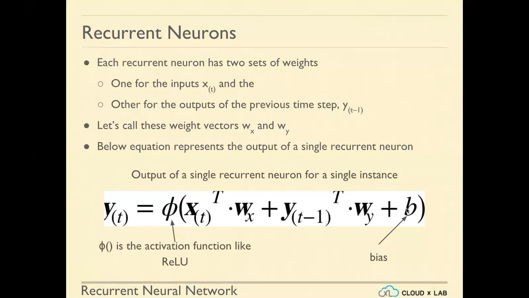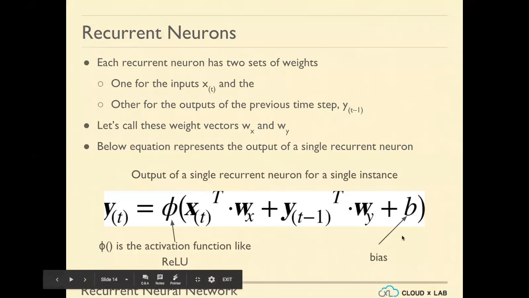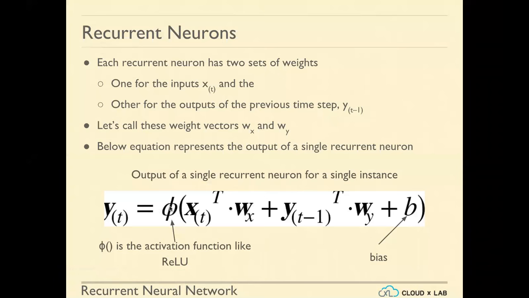The bias term is a trainable parameter; initially we'll put a random number for it, and later, based on our error rate, we'll figure out how much to tweak Wx, Wy, and the bias such that our output is very close to the expected output. Then we apply our ReLU activation function.